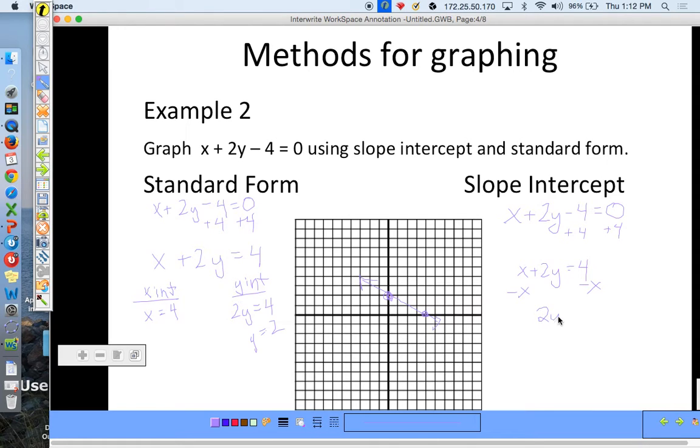So now we have 2y equals 4 minus x. And now we have to divide everything by 2. So we have y equals 2, and I really know this is 1x, so I like to put that fraction out in front for our slope, so minus 1/2 x. And you'll see we get the same thing. Our y-intercept is 2, down 1 over 2, down 1 over 2, and we have the same line.